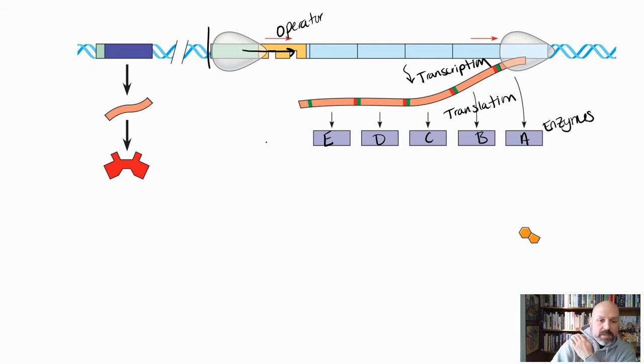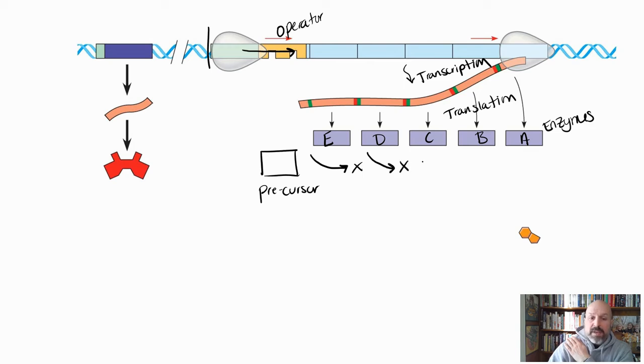Each of these enzymes is going to take a precursor that the bacteria has absorbed. And then enzyme E is going to work on it, and it's going to change its shape. And then D is going to work on it, and it's going to change its shape again. And this continues and continues until enzyme A is your final enzyme, and it makes this little amino acid called tryptophan.